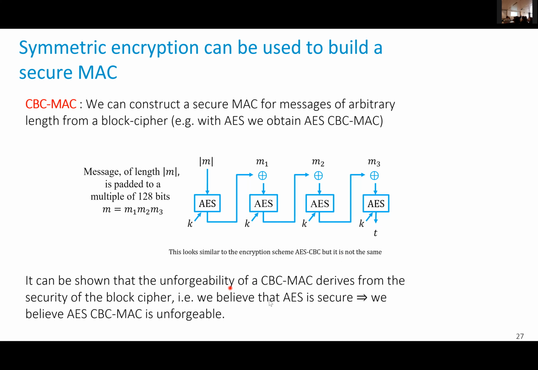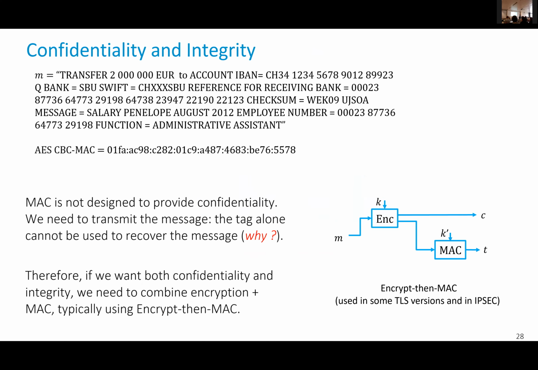So the belief that AES is secure means that this CBC-MAC is also unforgeable. This is what is used, for example, when we do e-banking, or when we authenticate messages in a smart grid.